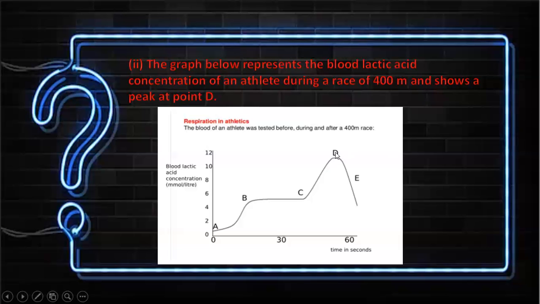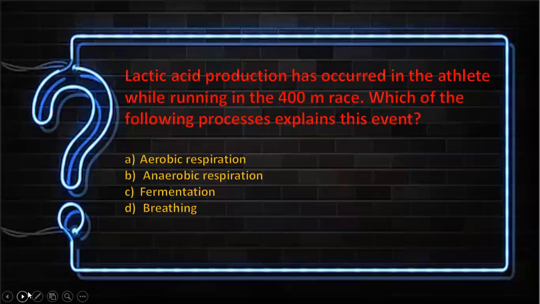So this point is the maximum during the blood lactic acid formation. So let's take the question. Lactic acid production has occurred in the athlete while running the 400-meter race. By which of the following processes given here, whether aerobic, anaerobic, fermentation, or breathing, has this occurred in the athlete's body?